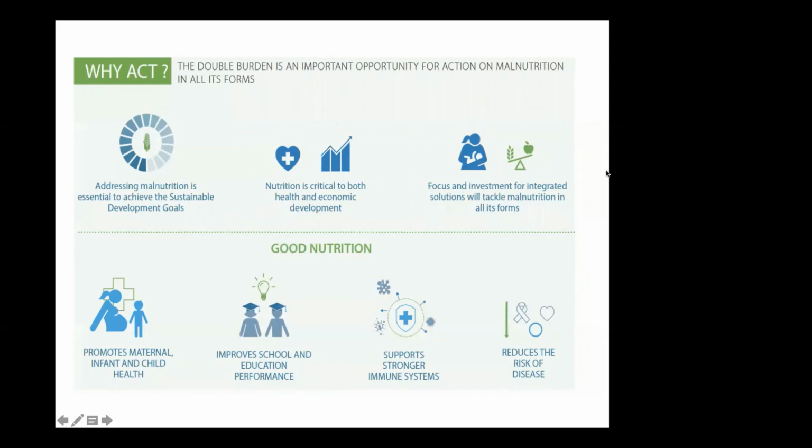Yes, addressing the double burden is linked to achieving the Sustainable Development Goals in terms of hunger, health, education, and all the other goals. So it's critical to both health and economic development. And the focus on integrated solutions will tackle malnutrition. I'll come to the integrated solutions in the next slide.